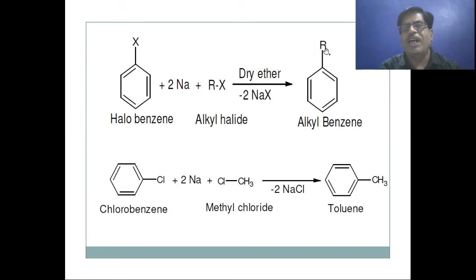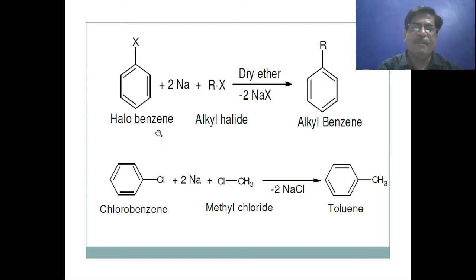So alkyl benzene is formed; the resultant product is alkyl benzene. In the Wurtz-Fittig reaction, the halogen is converted into an alkyl group, so halobenzene is converted into alkyl benzene.